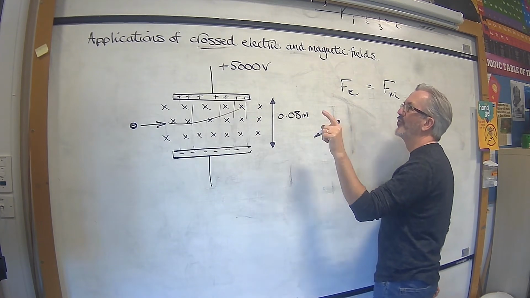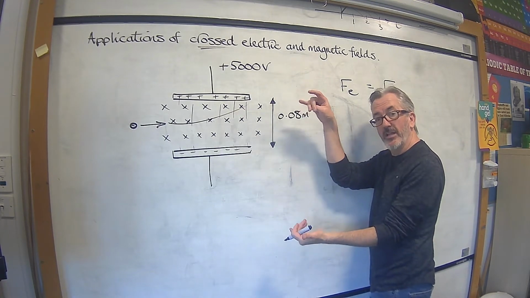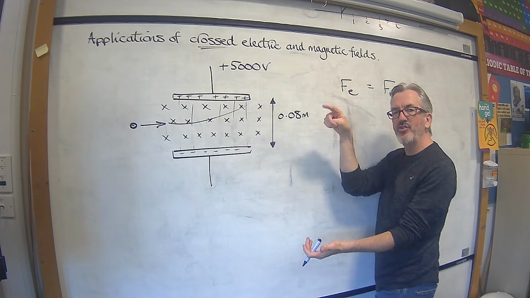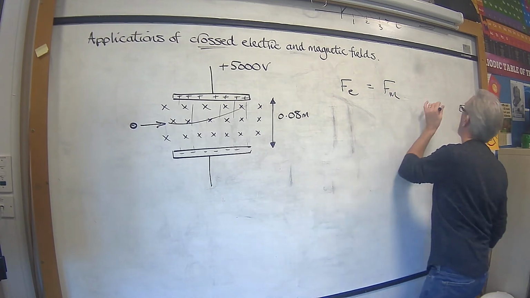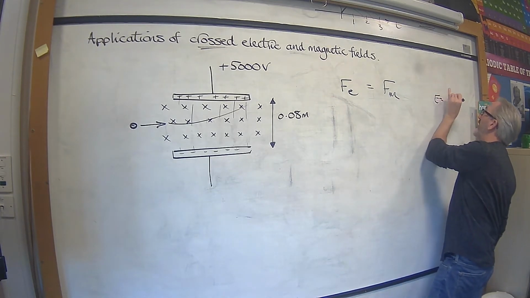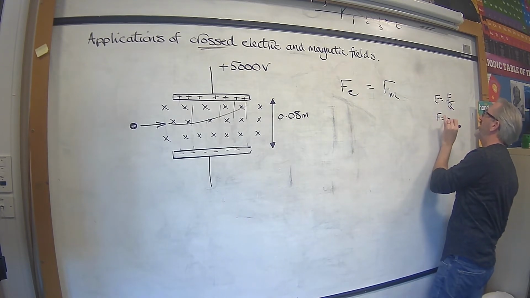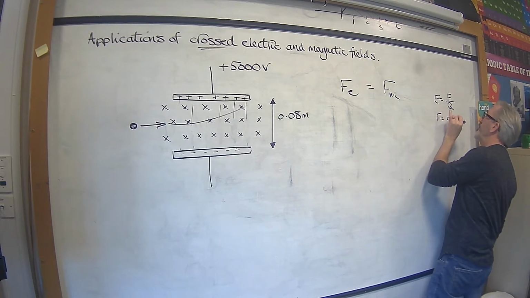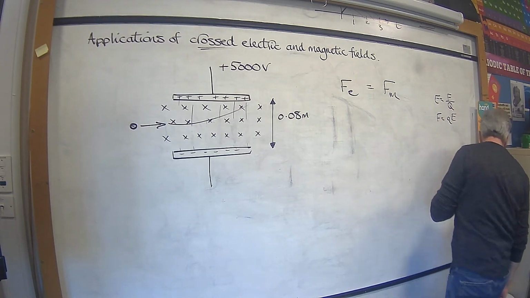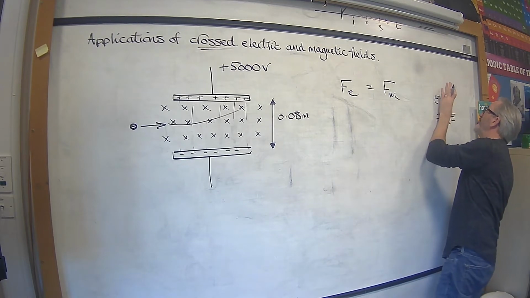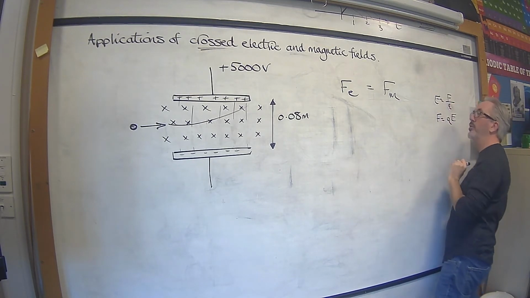The electric force is produced by the electric field. Electric field strength is the force per unit charge. Remember that? So F equals, it's a single electron, so let's make it q times E. Usually the symbol for the charge is a small q.